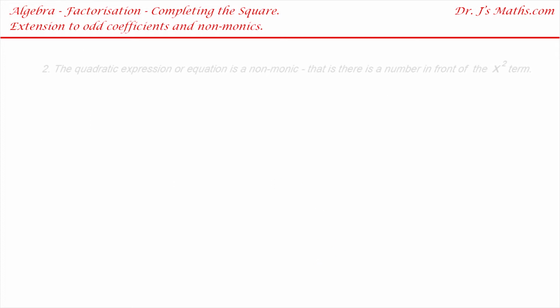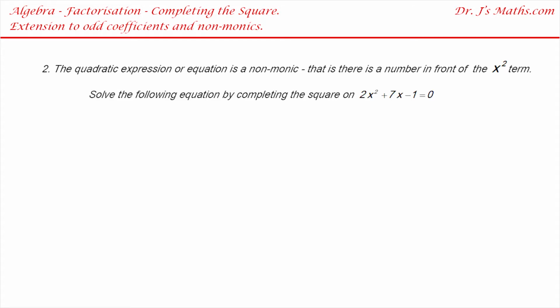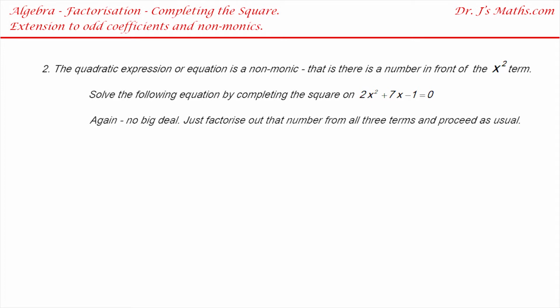The second case is where we have a quadratic expression or equation which is a non-monic, that is, there is a number in front of the x squared term. So an example to use to discuss it is to solve the equation 2x squared plus 7x minus 1 equals 0. It's just no big deal.